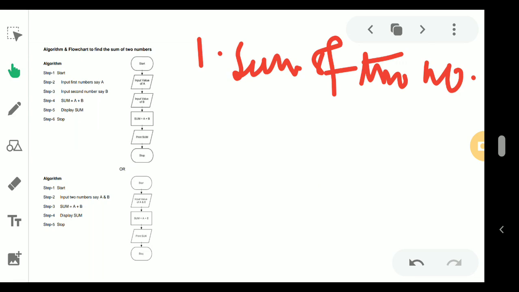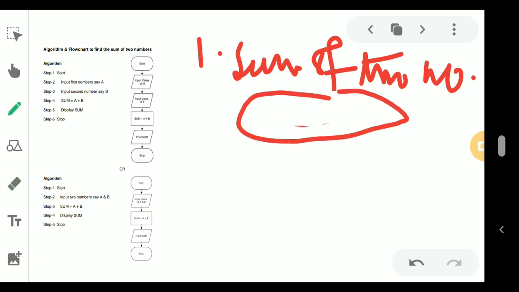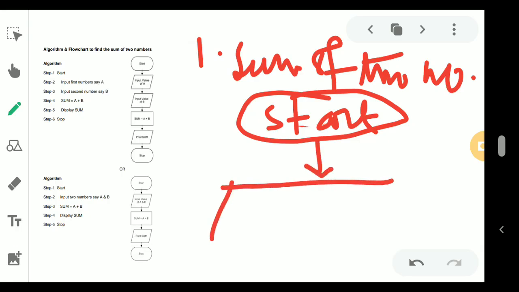So the first step is start. I'll clear it down and make it big so it will be easier for you. Next step is start, then there will be an input for both the a and b values.